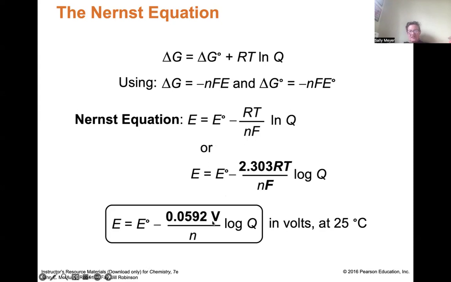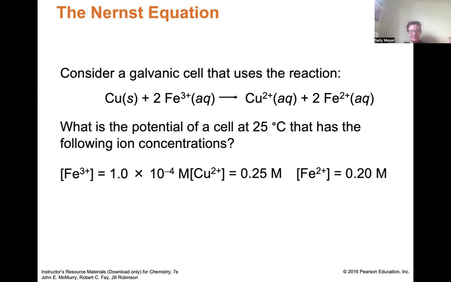And the very bottom one not only changes natural log to log, but it also takes into account that you're going to use an R of 8.314 and that the temperature is 25. It's one of the reasons why I don't like this, because you have to remember that you only use that for 25. So I highly suggest that when you think about the Nernst equation, choose the first form of it and don't worry about these other 2. You're free to use them if you want, but just remember when they apply.